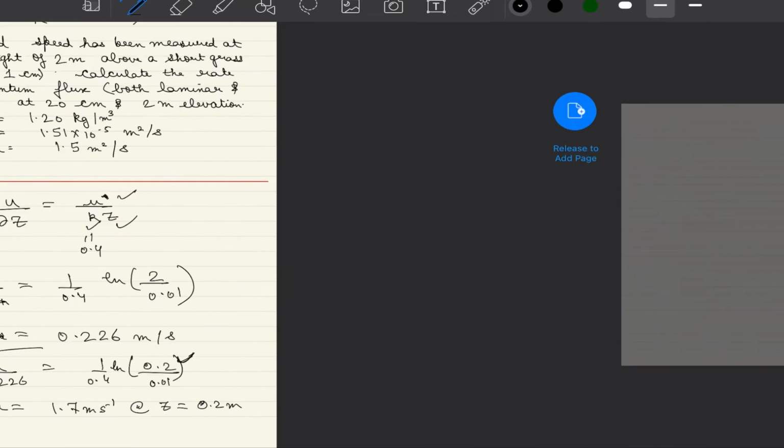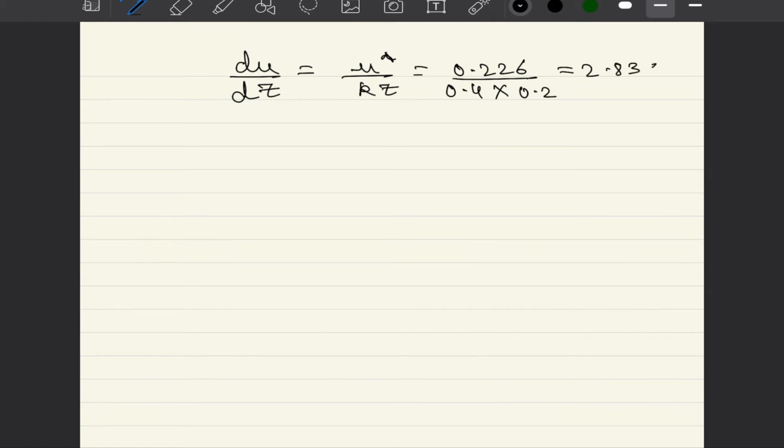Now, since we know the u star, we can calculate the value of du by dz as u star upon kz, which is given by 0.226 divided by 0.4 times 0.2 as 2.83 per second. Mind it, I am showing all the calculations for z equal to 0.2 meter, and you can do the calculation in similar fashion for any other height of interest.